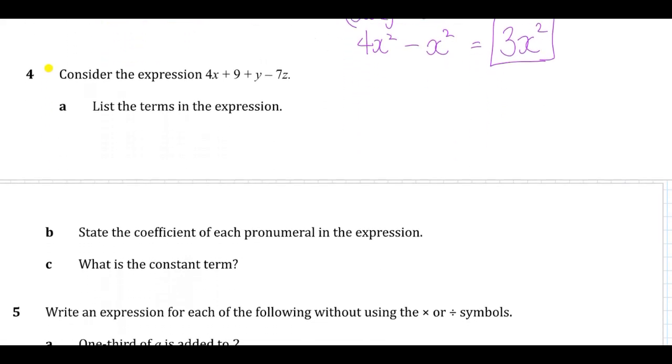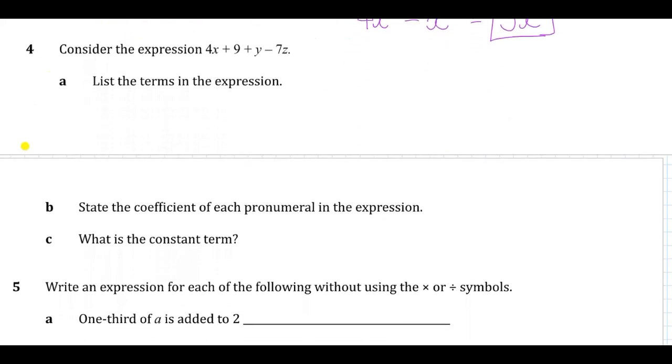For question 4, consider the expression 4x plus 9 plus y minus 7z. List the terms. I have a 4x, I have a 9, I have a y, and I have a negative 7z.